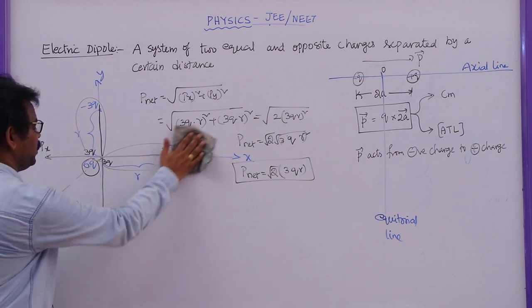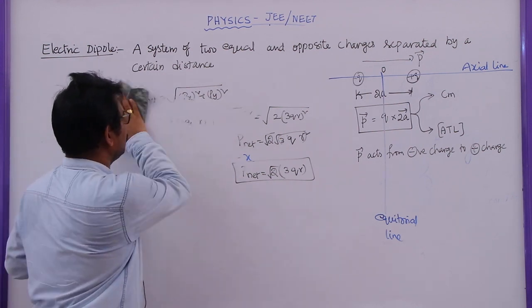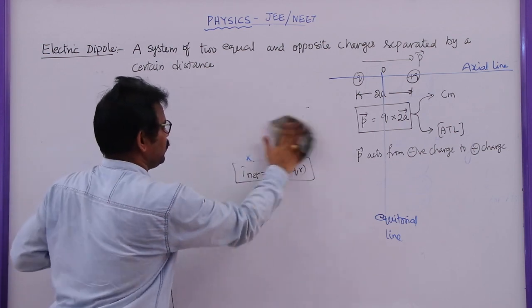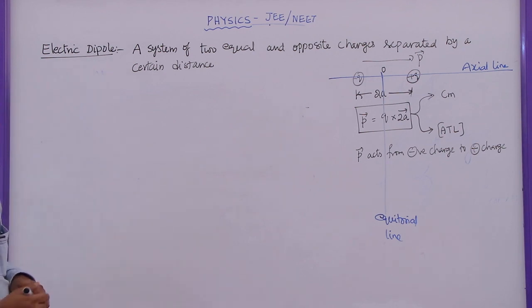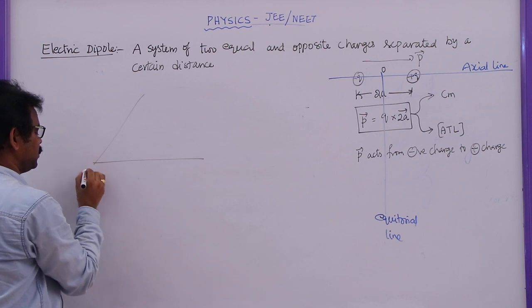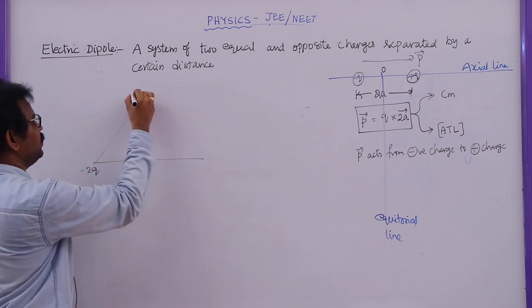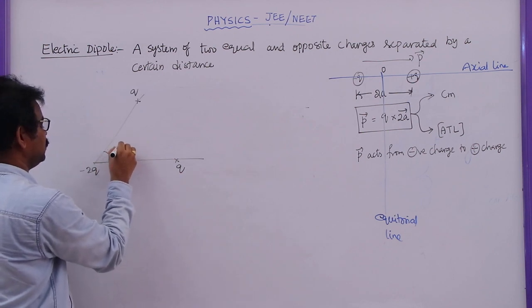Similarly, let us take one more simple problem, similar to this one. Here I have taken two charges which are not equal in magnitude. Let me take minus 2q here, and this is q, this is also q, and the angle between these two is 60 degrees.